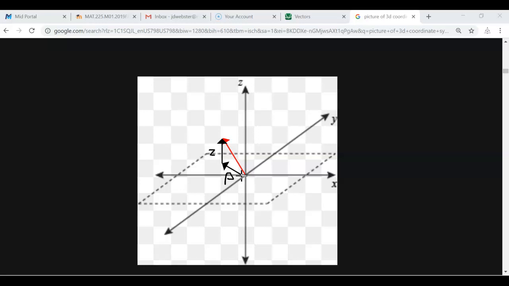And again, it's kind of hard to see because I can't rotate this picture. But this projection would be somewhere in that plane, and the Z is going to be orthogonal or perpendicular to that plane.